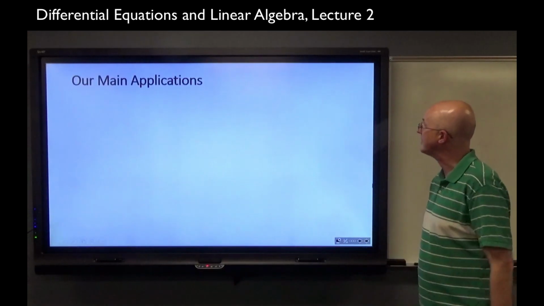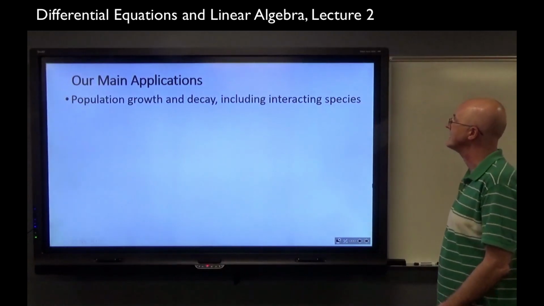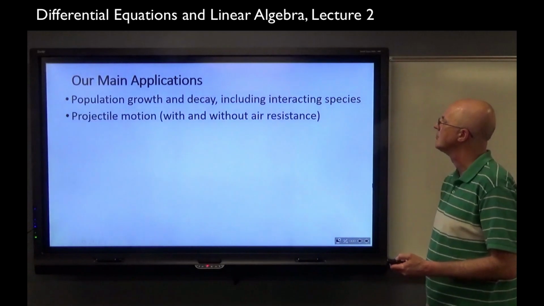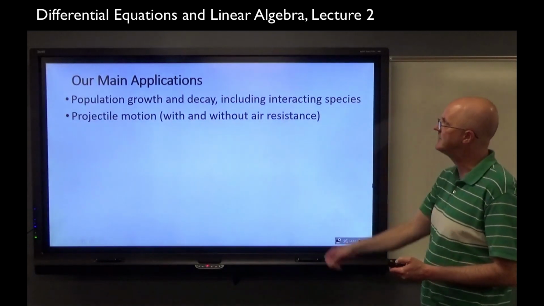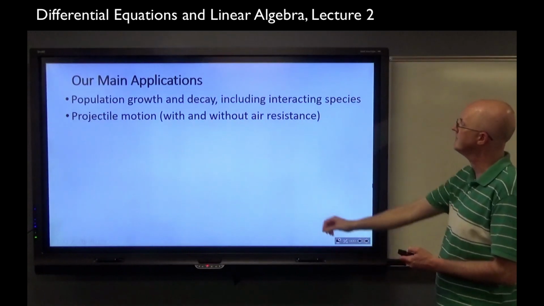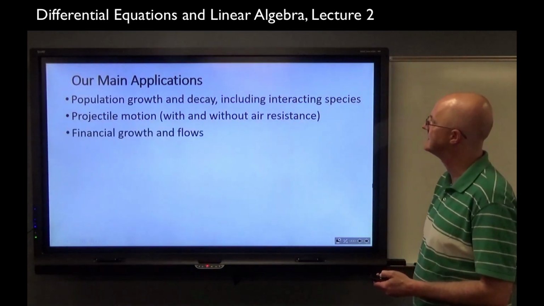What are our main applications? Population growth and decay, that already came up in lecture 1, that'll continue here in lecture 2, including interacting species. Projectile motion, that's like up-down motion under gravity, but also of a projectile through the air in, say, a parabolic kind of path, with and without air resistance.